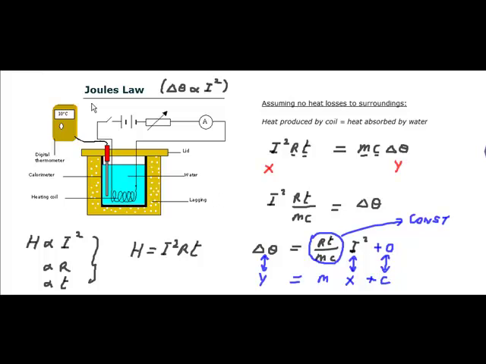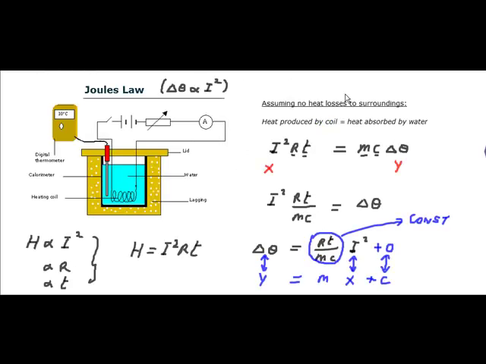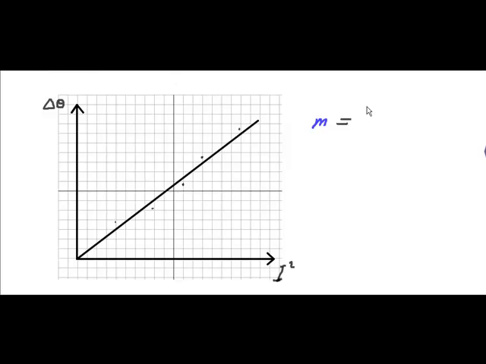So if we draw the graph, we should get a straight line like this, and again the slope m of our graph is equal to, just to go back, RT over MC. I'm using color coding here.